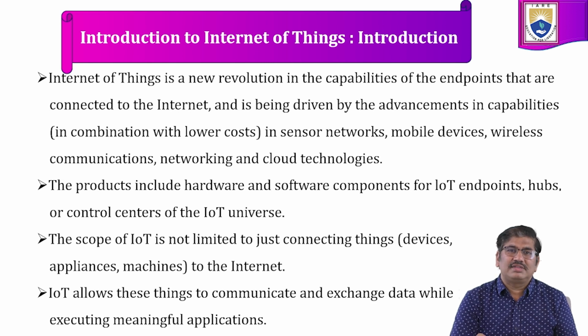In the cloud, the acquired data will be stored for further purposes or for analysis by some analytics methods. And whenever you want to control some actuators, which are the end output devices, depending upon the analytics carried out, the control signals will be sent to the actuators. So IoT allows these things to communicate and exchange data while executing meaningful applications.